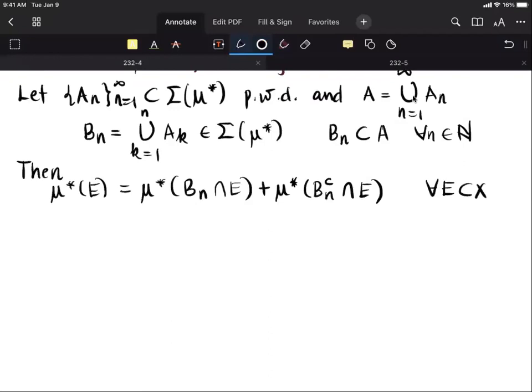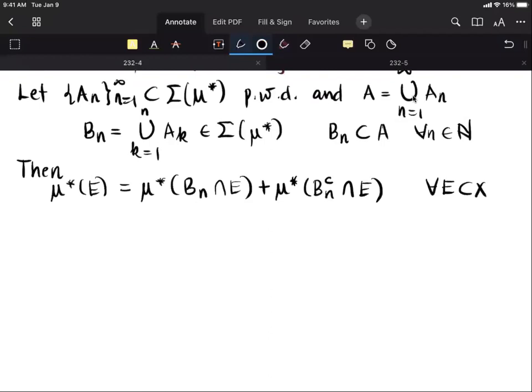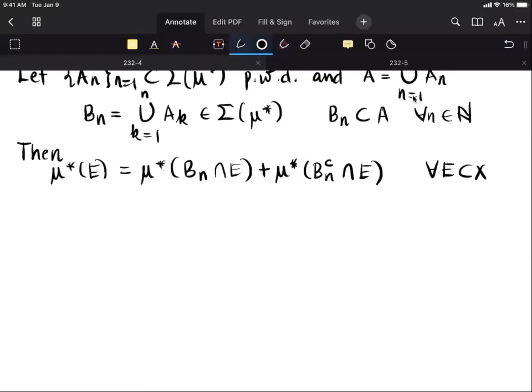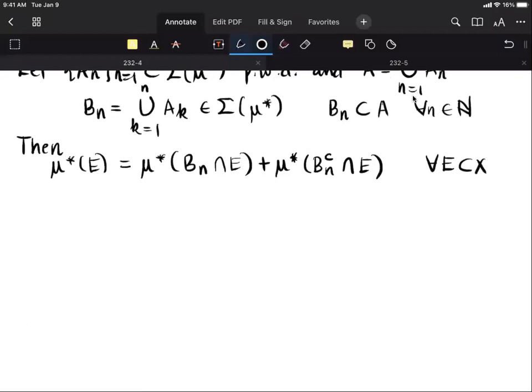So here we just applied the definition of measurability of B sub n. Now we wish to investigate this outer measure here.